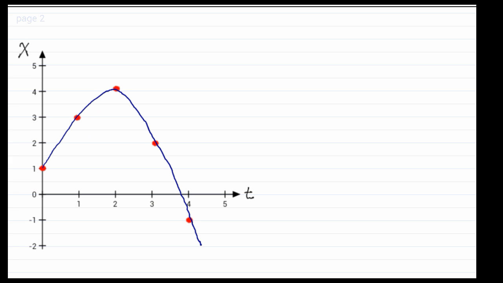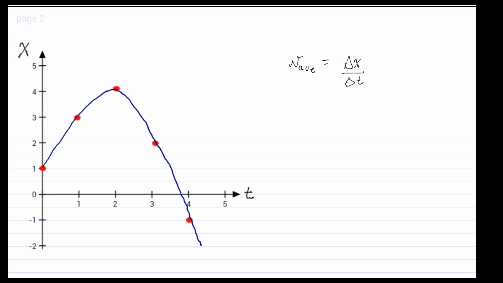Now, in a previous video we talked about average velocity. So if you recall, the average velocity is given by a change in position over a change in time, or the displacement over a time interval. Now let's label a few of these points.